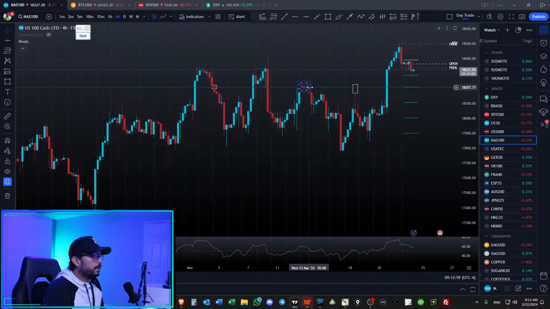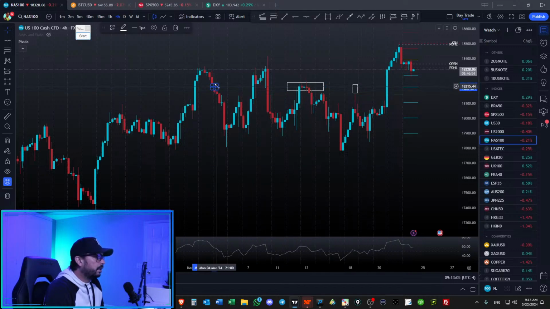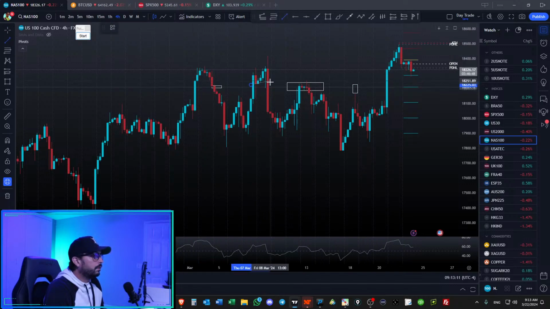But look how just on that, this small zone here. And we got this. So you see how helpful the pivot points are.